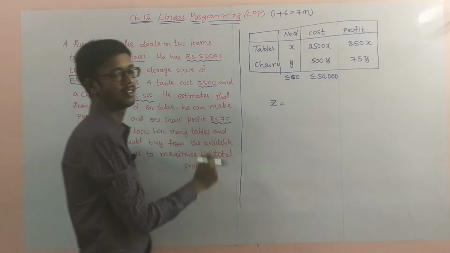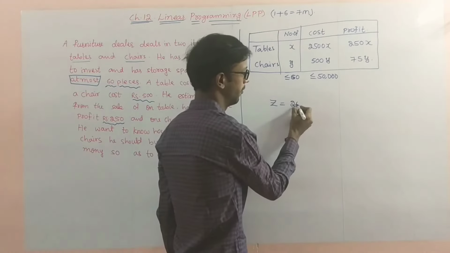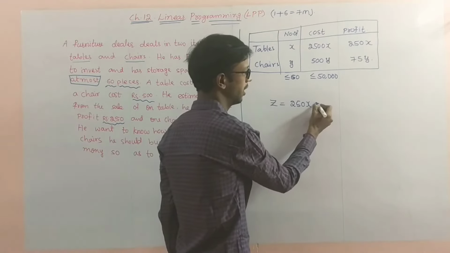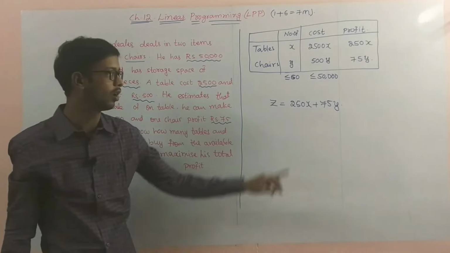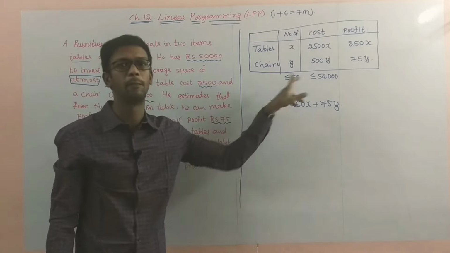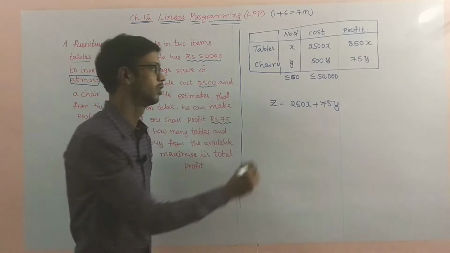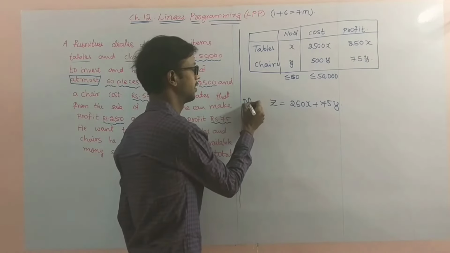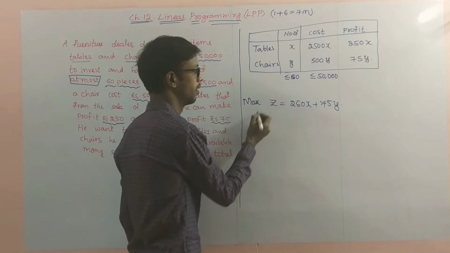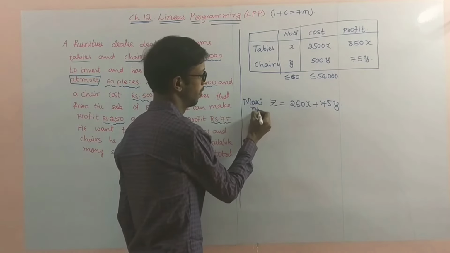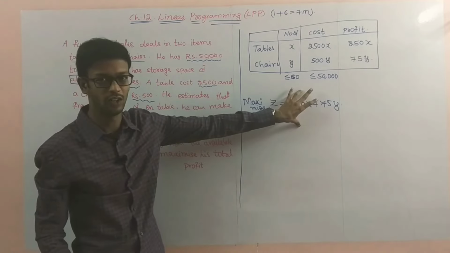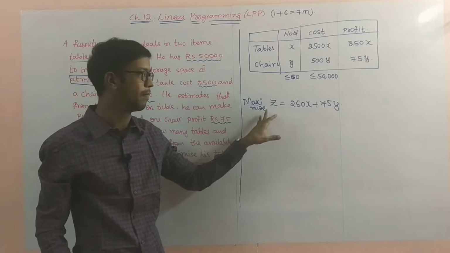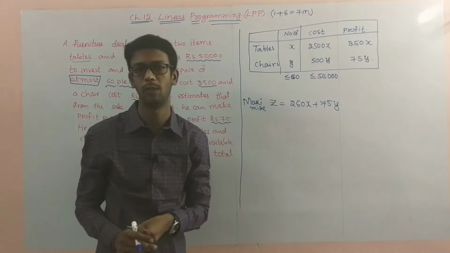So take it as Z equal to 250X plus 75Y. This should be maximum. Maximum means highest. So here, maximize Z. Maximize Z means profit should be maximum.